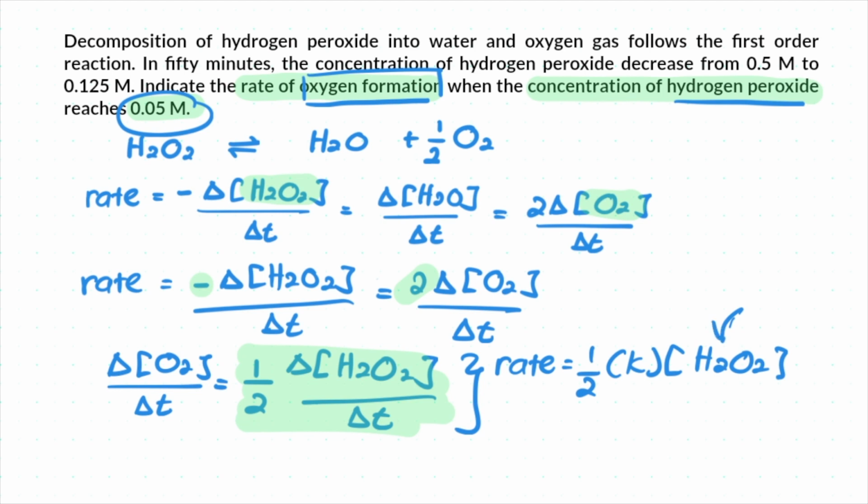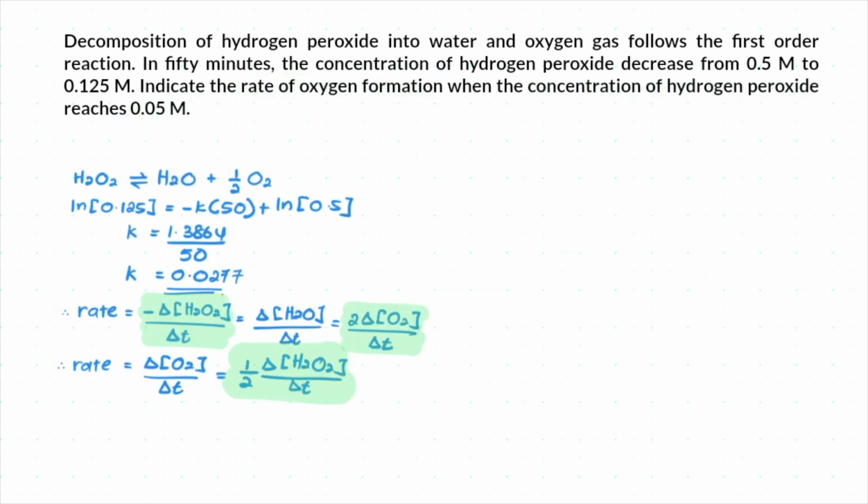So we are just going to substitute this with 0.05, and we are going to substitute k with 0.0277, the calculation that we have just done before. Since we already know these two values, we can find the rate of the formation of oxygen.